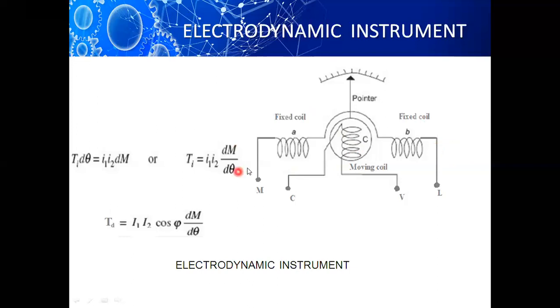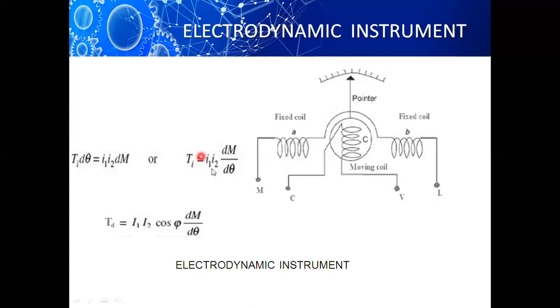Now, the deflecting torque of the pointer, the instantaneous deflection, is given as Ti, which equals I1, I2, dM by d theta. So what is I1?